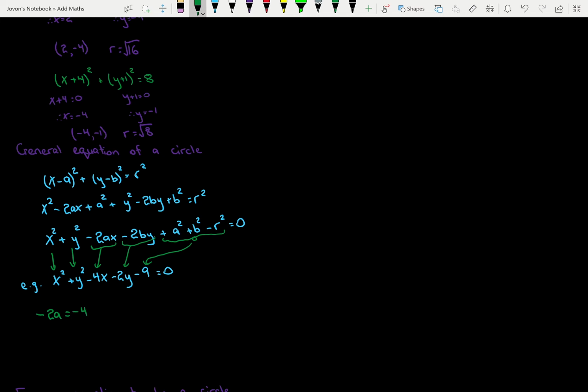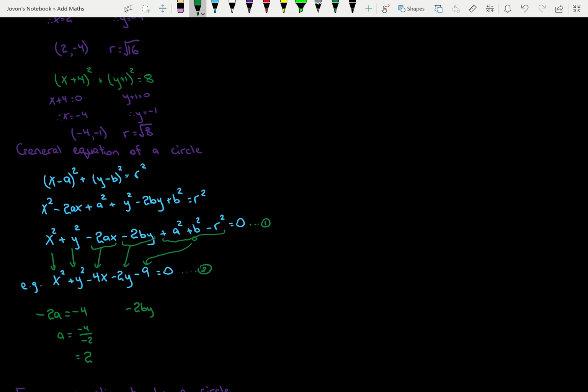And since we know a is the x coordinate of the center, a would just be minus 4 over minus 2, which is equal to 2. Okay, look at the y coordinate now. We have minus 2b, the coefficient of y from equation 1, and let's call this equation 2.